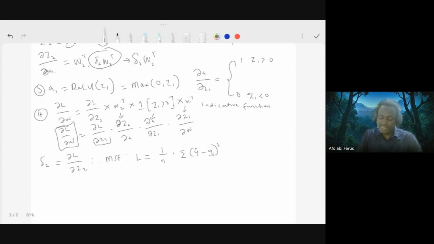Now, if I'm going to take a derivative of this, don't forget the loss is the summation of y prime minus yi, squared, over n.